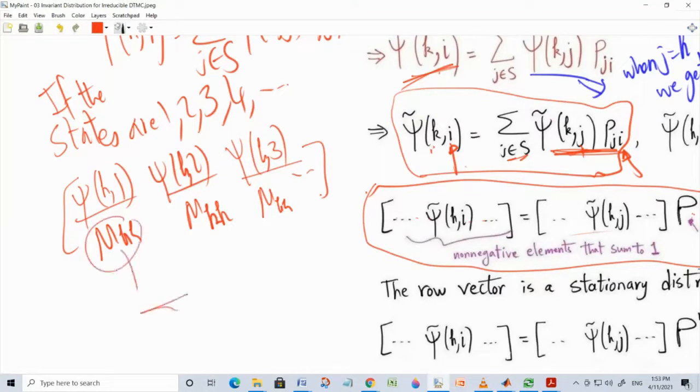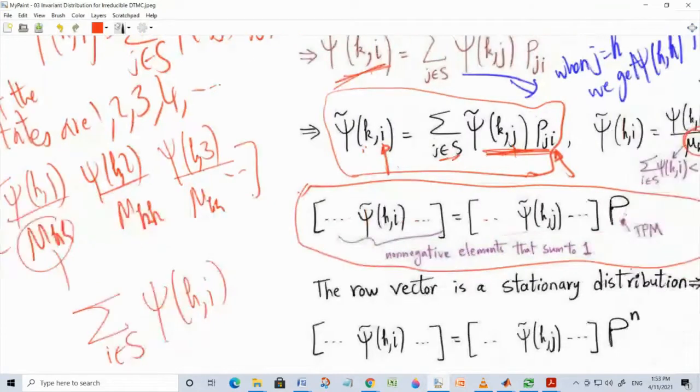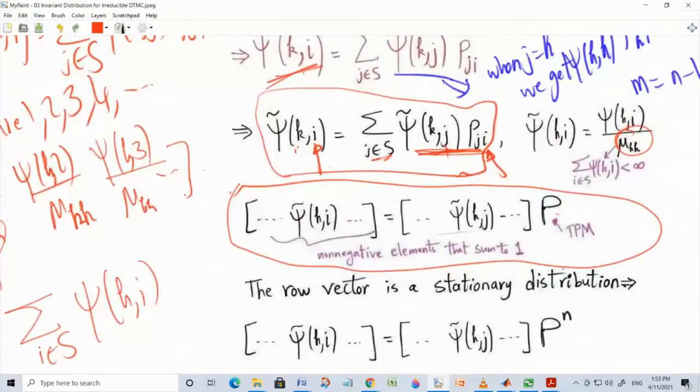And this mu kk, don't forget, is the sum of psi ki over i in S. It helps you normalize and get a vector with non-negative entries whose components sum to 1. That's a stationary vector. It satisfies the eigenequation pi is equal to pi p.